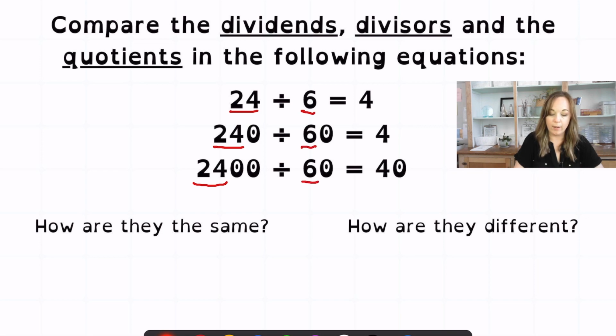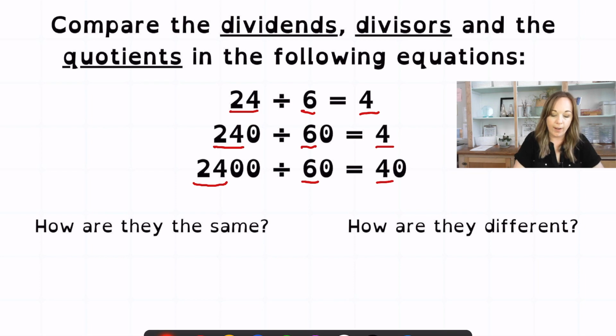Now 24 divided by 6 is 4, so all of the quotients contain a 4. But we have different numbers of trailing zeros in our questions here. So let's see if we can figure out a way to relate the trailing zeros from the questions to how many we need to have in the answer.